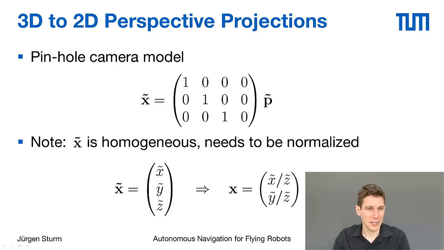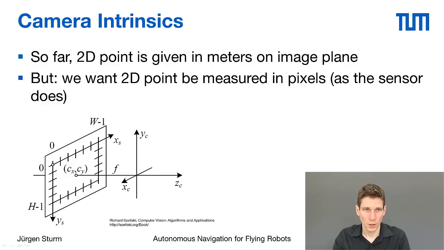And then again, x tilde is homogeneous, so we need to divide by the last coordinate to obtain the real coordinates on the image plane. One problem, of course, is that if we just down-project a 3D point in the world to 2D, the 2D point will still be given in the same units as our 3D point. So, for example, if our 3D points are specified in meters, then also the 2D point will be specified in meters on the image plane.